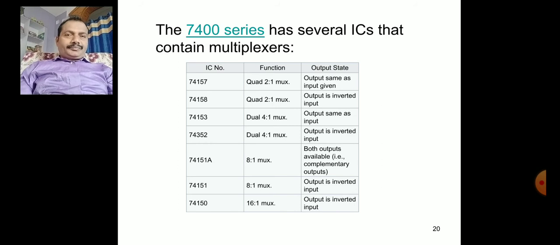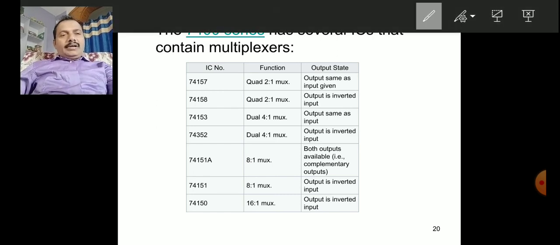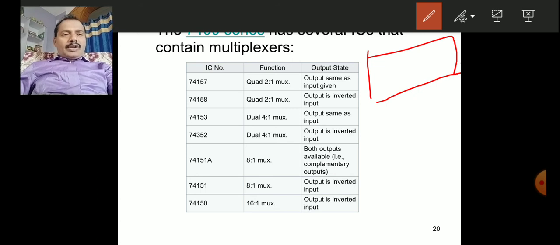Here, the 7400 series has several ICs that contain multiplexers. Here 74157 is a quad 2 to 1 multiplexer. Output is same as input given. That is the 74157 IC. So the multiplexers are available in IC. For example, in one IC there are 4 2 to 1 multiplexers.